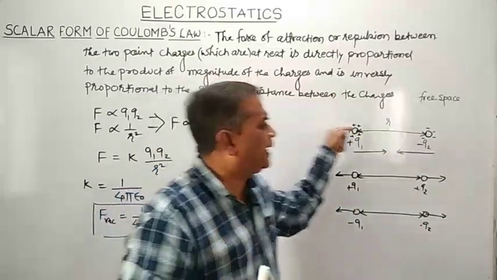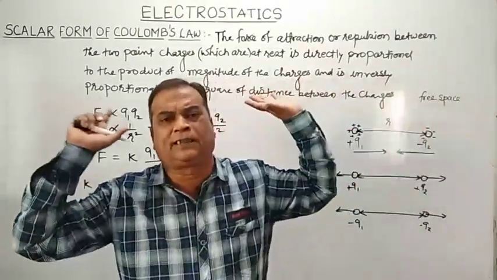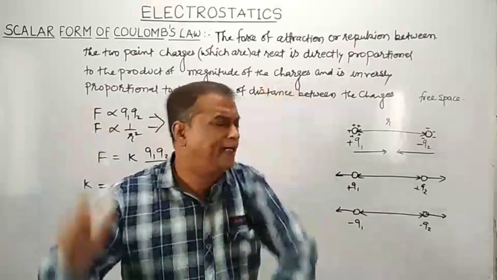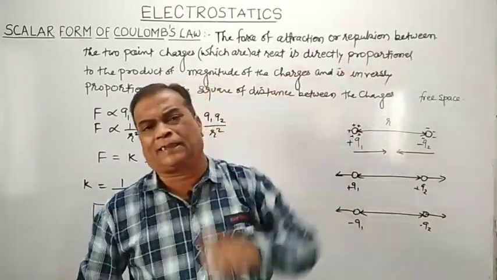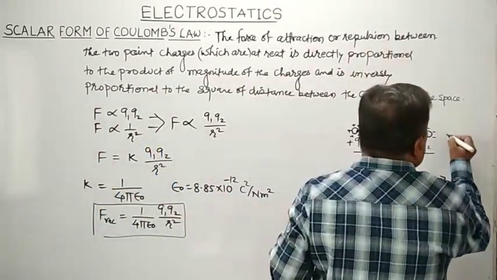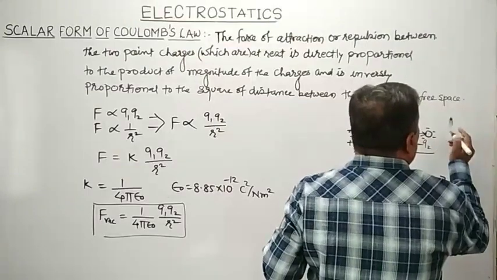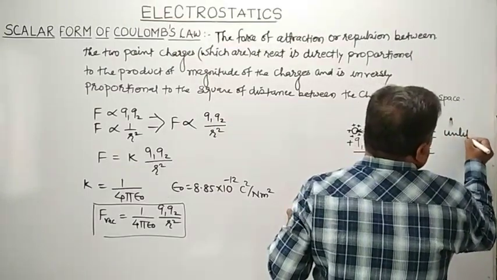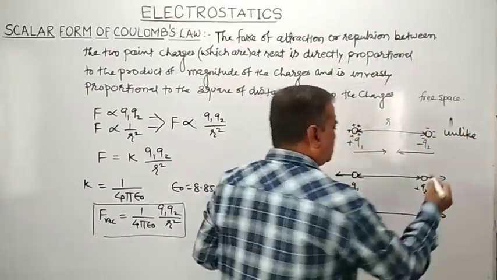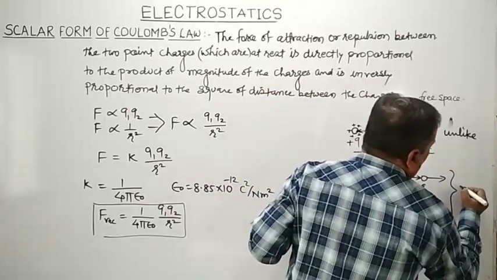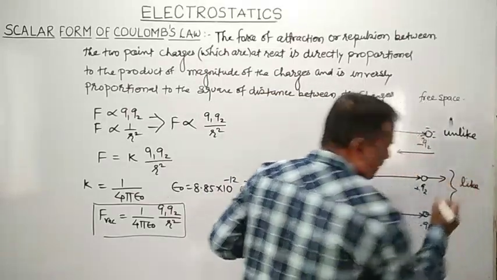This force will act along the line joining the given two charges, and depending upon whether the charges are like or unlike, that force may be a force of attraction or a force of repulsion.